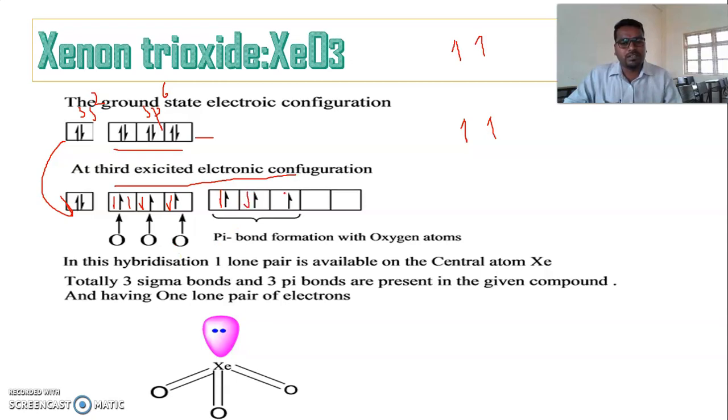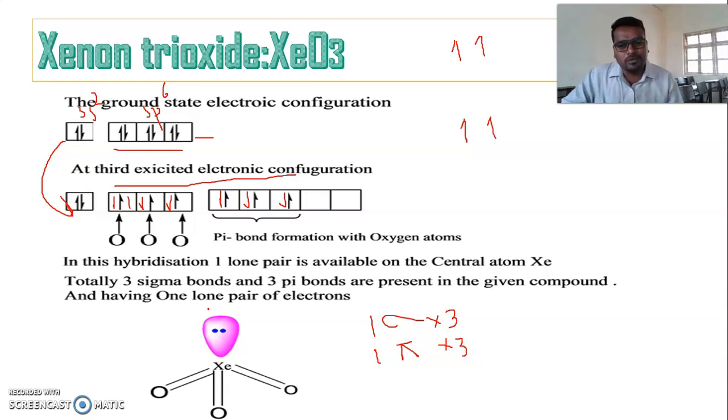If you just look at the structure of xenon trioxide here, xenon is bonded with 3 oxygens, so 3 double bonds are present. Among the double bonds, each xenon-oxygen bond contains 1 sigma bond and 1 pi bond. Totally in a molecule, 3 sigma bonds and 3 pi bonds are present.